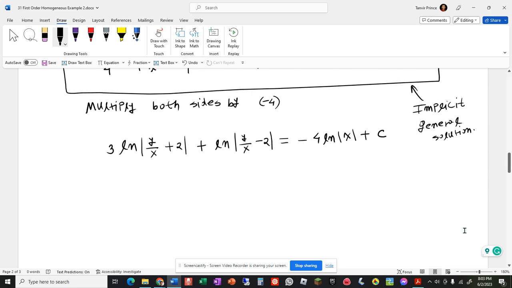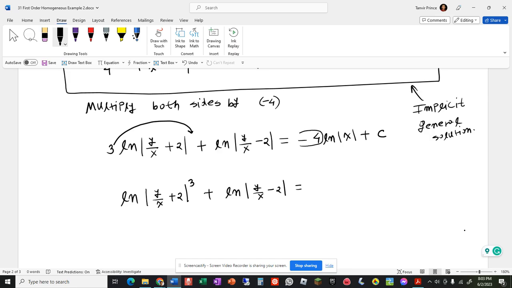I can make it even simpler because I can bring this 3 in the exponent as a power, right? I can do that. So let's do that. And the same thing I can do, I can bring this negative 4 in the exponent, right?